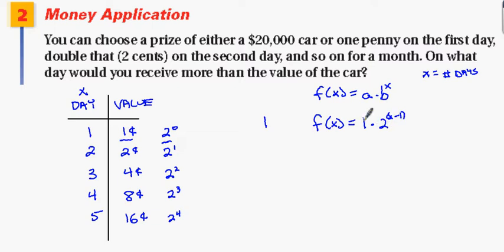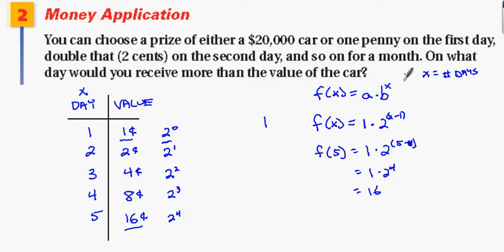So it should be that for any day, if I go on day 5, if I evaluate the function at 5, then that's going to be equal to 1 times 2 to the 5 minus 1, which would be equal to 1 times 2 to the 4th, which is 16, which is exactly what I have here.